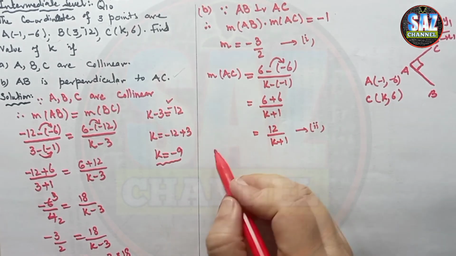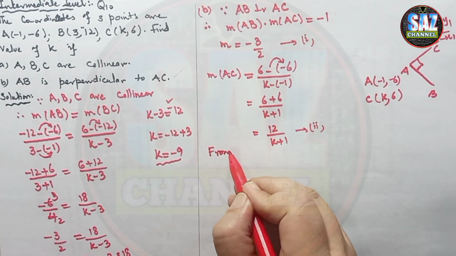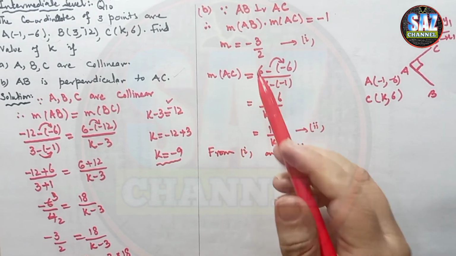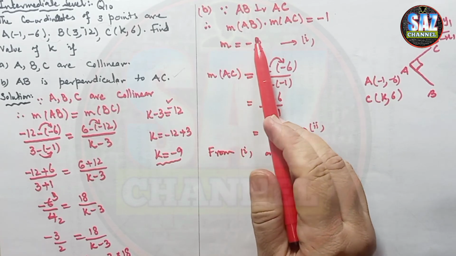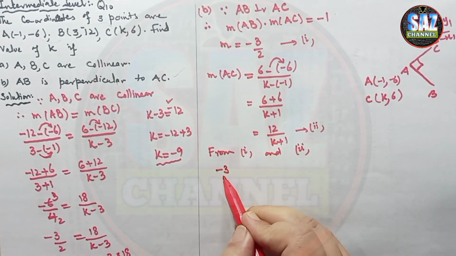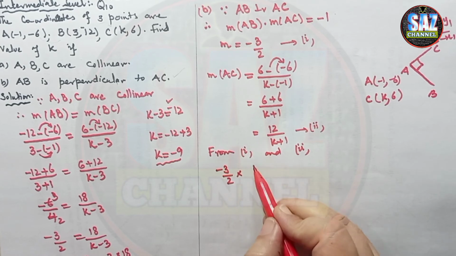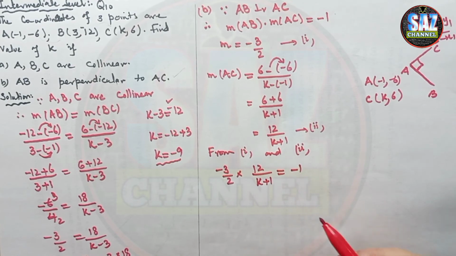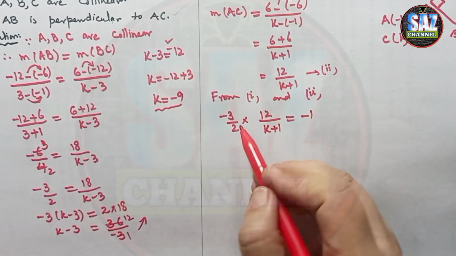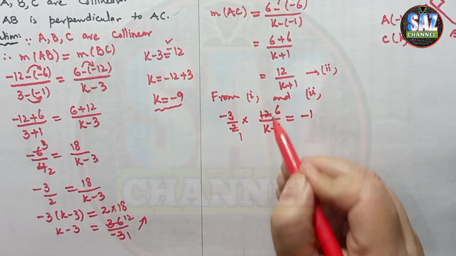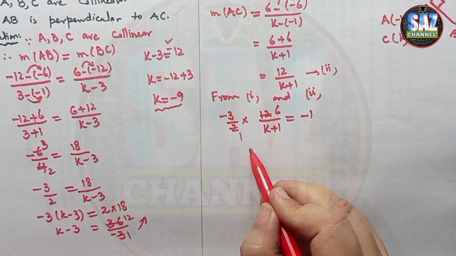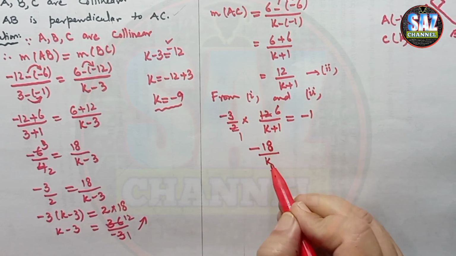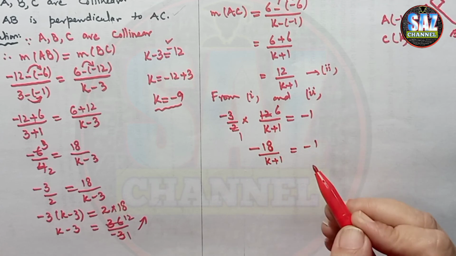From 1 and 2, I have to replace the value of the gradient of AB, minus 3 by 2, multiplied by 12 over k plus 1, equals minus 1. The product of the gradients is minus 1. Now look, 2 ones are 2 and 2 6s are 12, and I will have minus 18 upon k plus 1 equals minus 1.